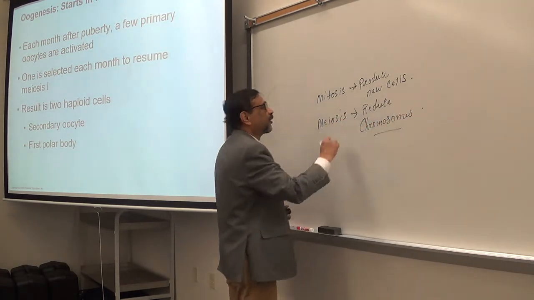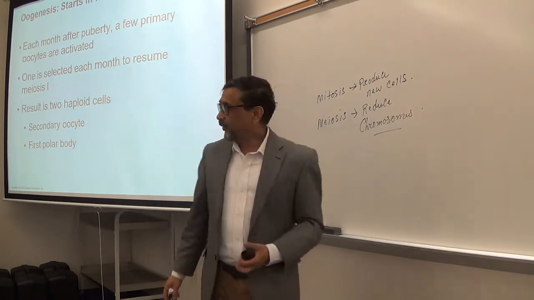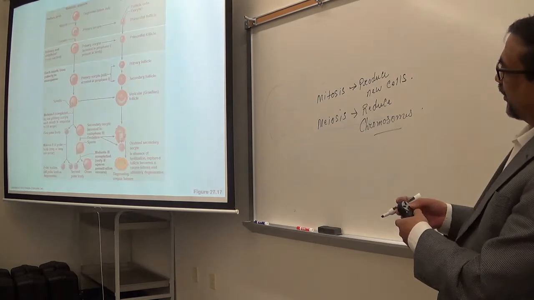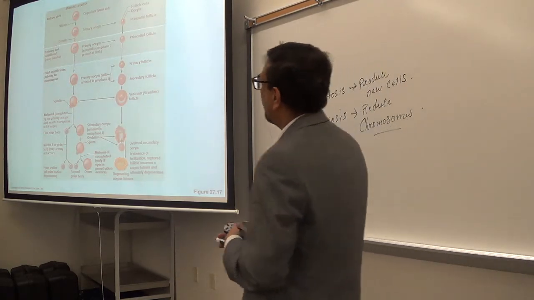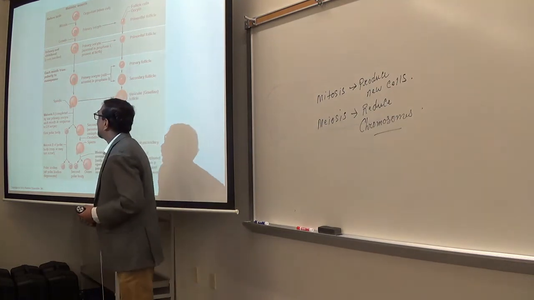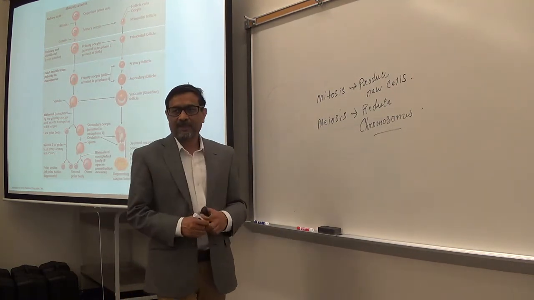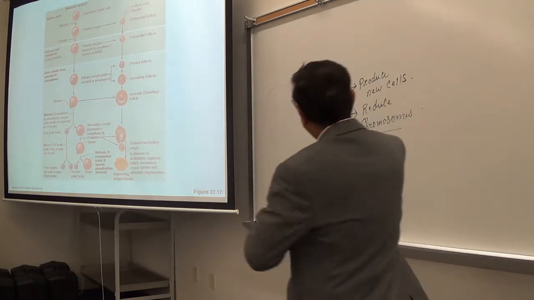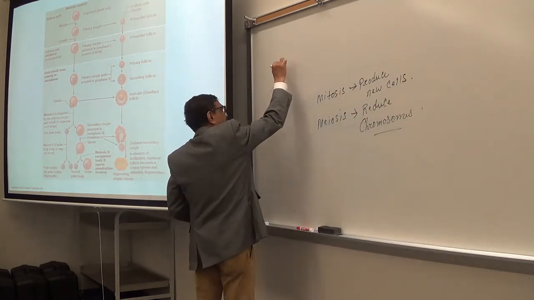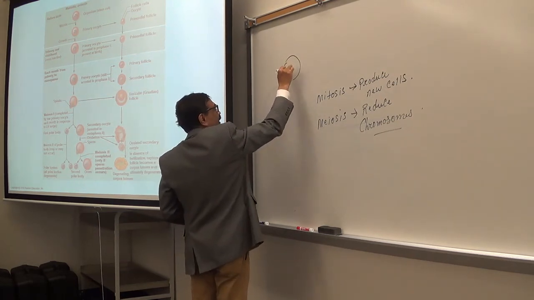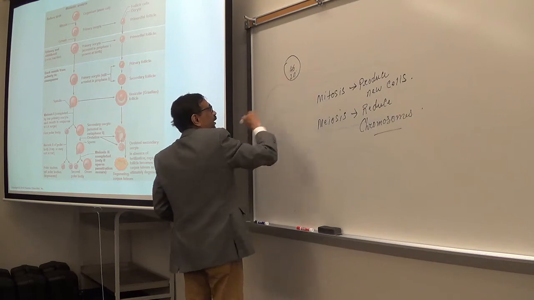Okay? So, we'll see here. See the left side. First mitosis, it keeps the chromosome number same. So what happens, this is the stem cell, okay, 2N.